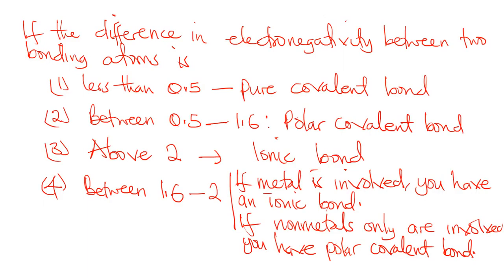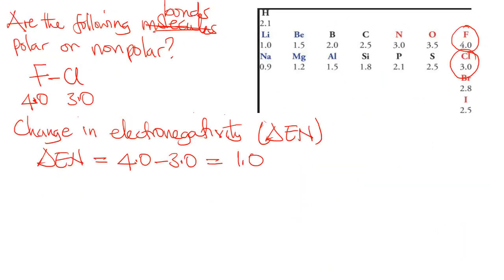The bond is a polar covalent bond. So you can see that 1 is between 0.5 and 1.6.